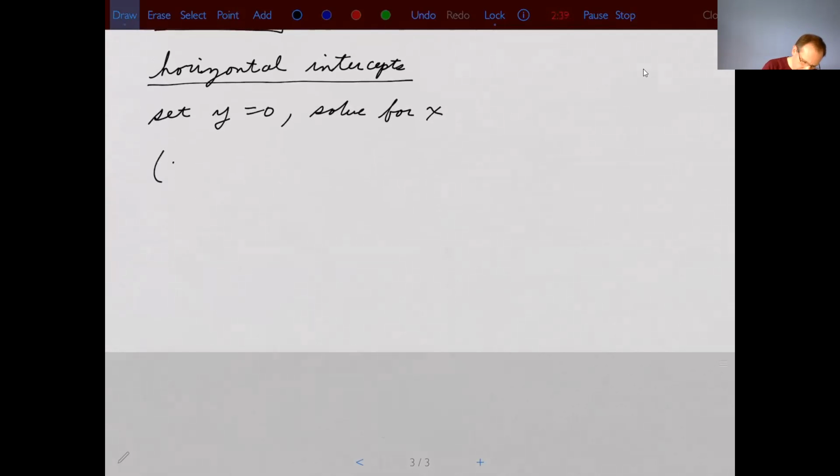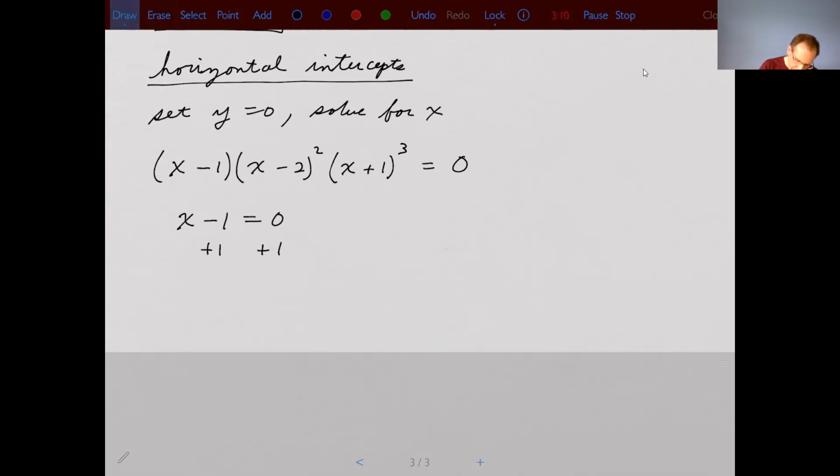So I'd have (x minus 1) times (x minus 2) squared times (x plus 1) cubed equals 0. So one possibility is that x minus 1 is equal to 0, right? So one possibility is the first factor, x minus 1, is equal to 0. And if I solve that, I get x is equal to 1.